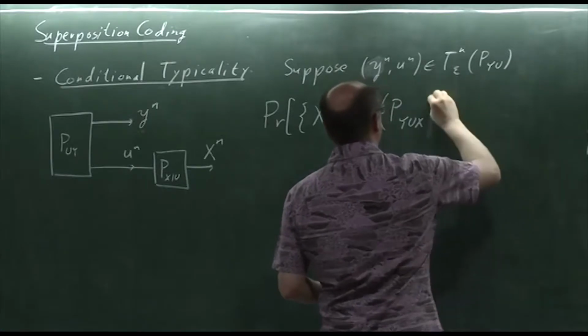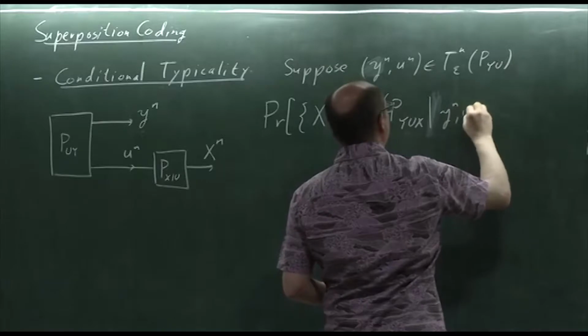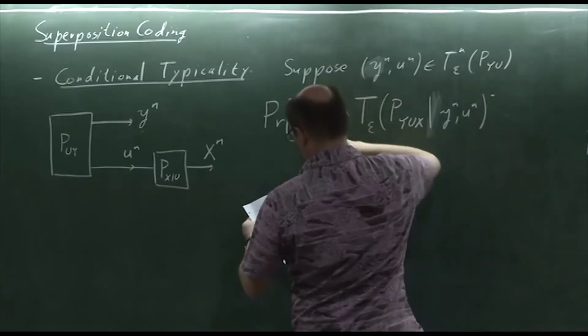I guess I should put conditioned on y^n, u^n. And I think that is it. So that's just this thing here.